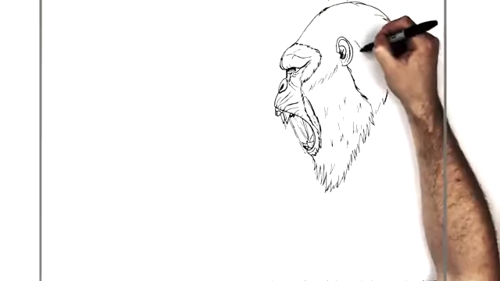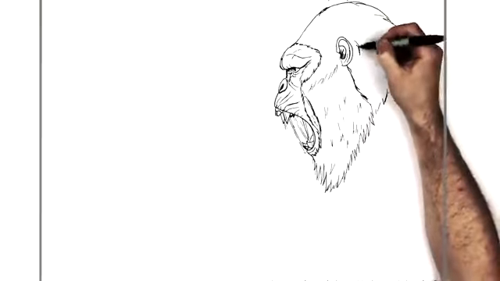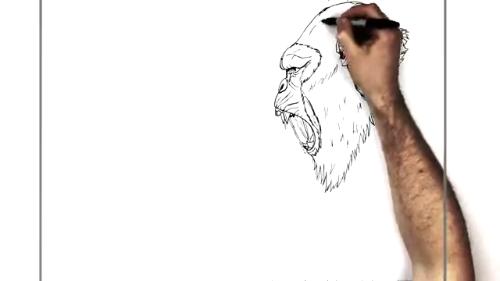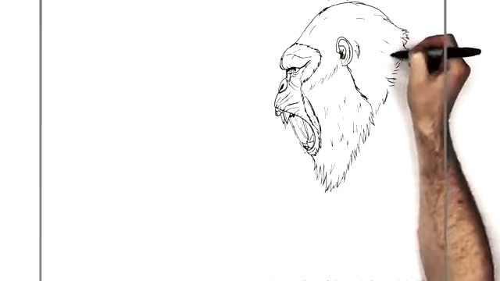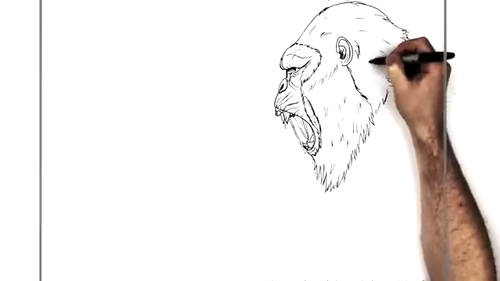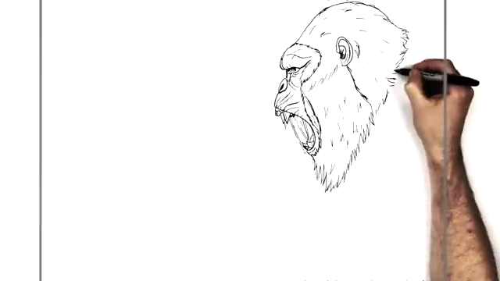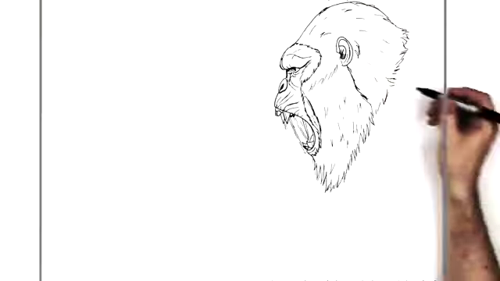And maybe something coming down from behind his ear. These texture lines will help to show that this is furry and not skin, right? That's what you're looking for.